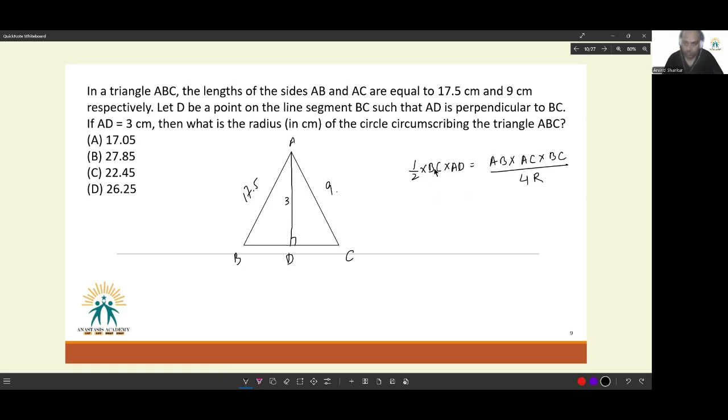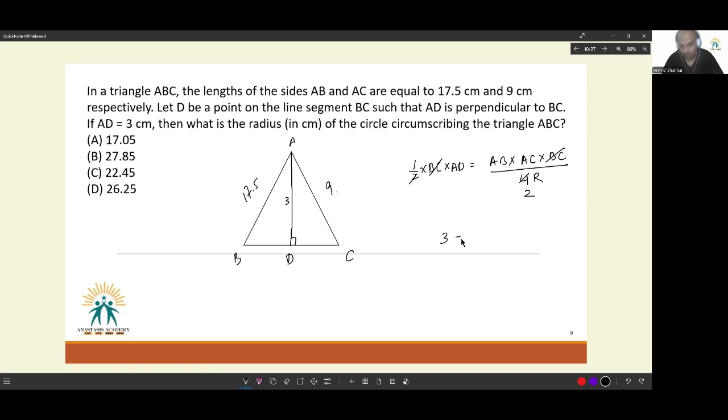Now see, BC and BC, both sides numerator, I can get rid of it. AD, I need to figure out. AB is given to me. AC is given to me. Cancel, cancel. This becomes 2. AD is also given to me as 3.